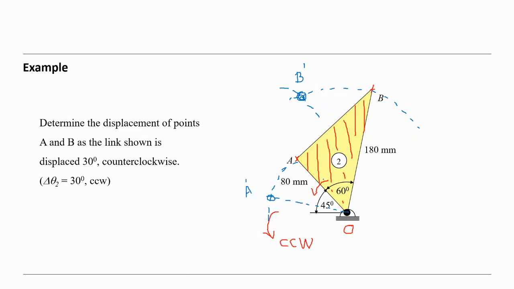B prime. Okay, then the new position is like this. So, more or less, this is the new position of the member 2.